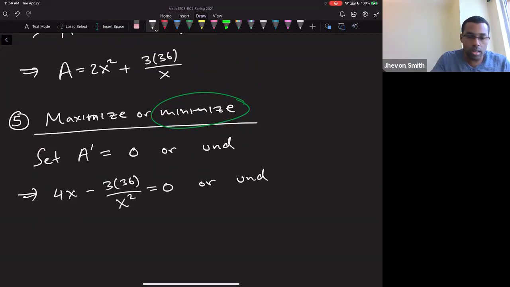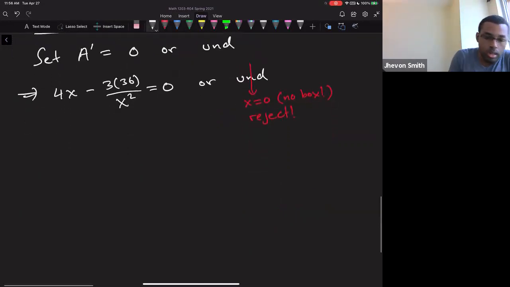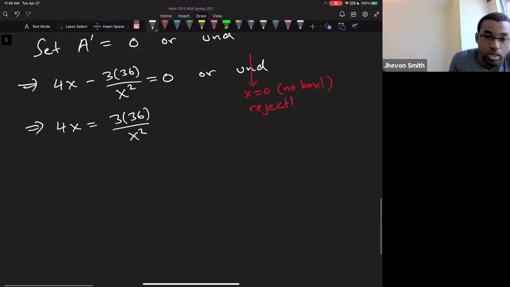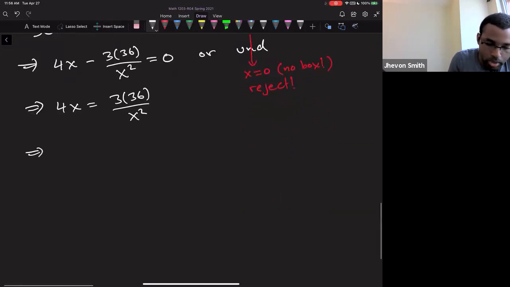Now, undefined, we would reject because it's undefined when x equals 0, and there's no box here. So I reject you, sir. Right? Doesn't make sense for the undefined part to be a viable solution. So now the only thing left is to actually solve for where it's equal to 0. We can do this several ways, but one way is to just move that to one side, multiply both sides by x squared, and then divide by 4.